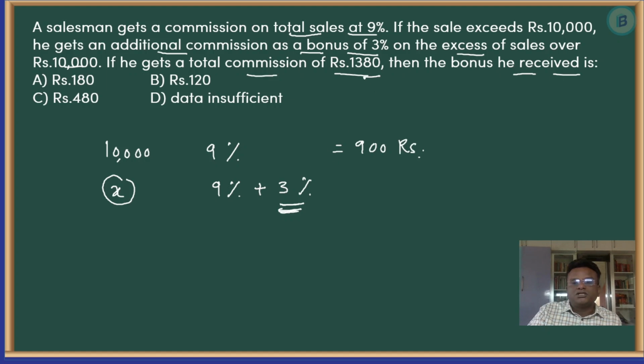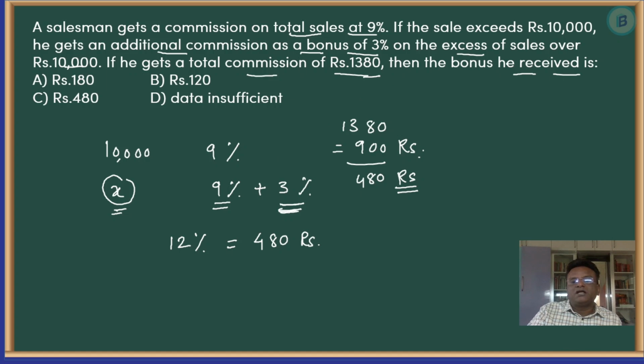How much commission is left? 1380 minus 900, that is 480 rupees. This 480 rupees is nothing but the original sales commission plus the additional bonus. So he is basically getting this 12% on this value, which is equal to 480.